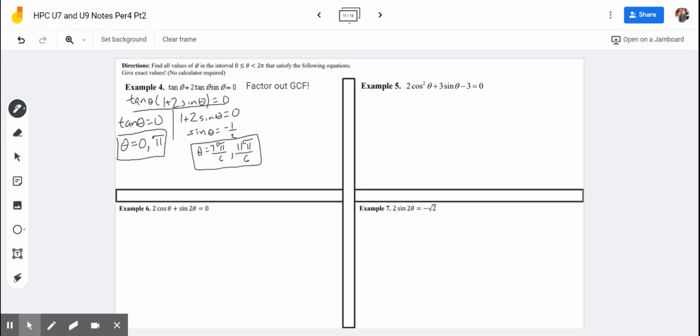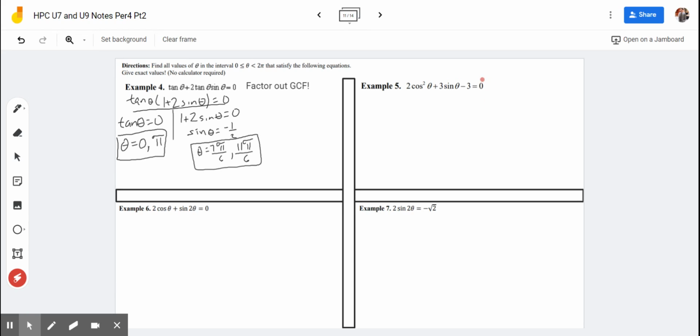Taking a look at example 5, we have 2 cosine squared theta plus 3 sine theta minus 3 is equal to 0. And we have to examine the fact that there are 2 trig functions, cosine and sine. But for cosine squared, we can use one of the Pythagorean identities to rewrite it so that everything is in terms of sine.